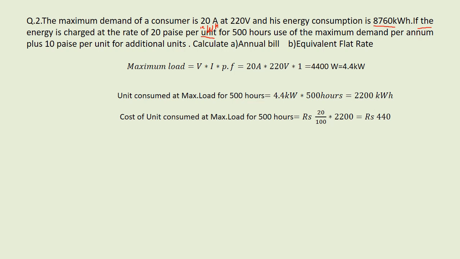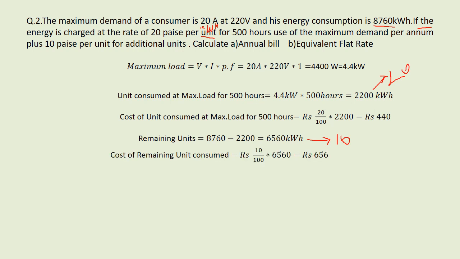Out of that, 2200 is charged at 20 paise. Now the rest is 6560. So the remaining units are 6560. This is the additional units, and that should be charged at 10 paise, and this was charged at 20 paise. So that's the way the tariff is calculated here.